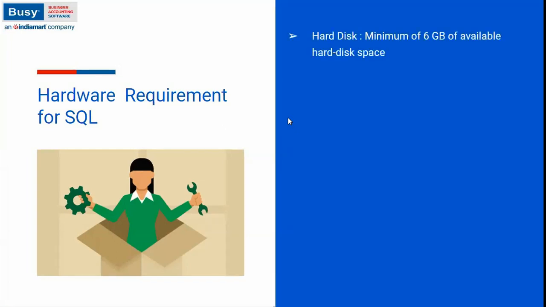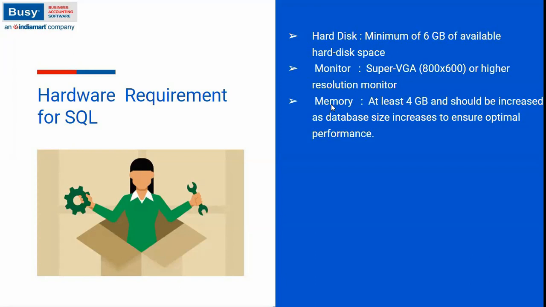First is the hard disk. In case of hard disk, a minimum of 6 GB of available hard disk space is needed. Monitors, a resolution of 800 by 600, or higher resolution is recommended. In case of memory, at least 4 GB, and it should be increased as database size increases to ensure optimal performance.